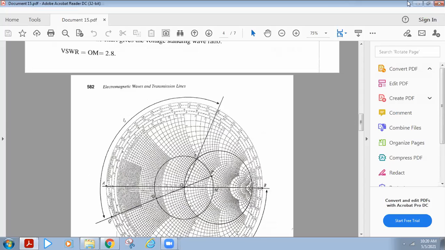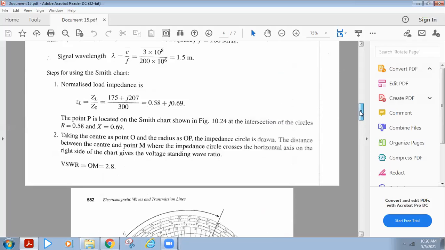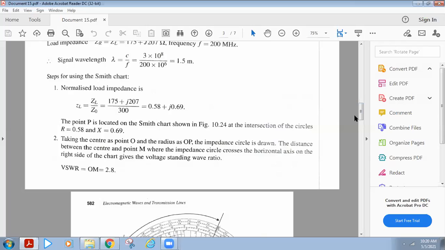This is the intersection point of resistance 0.58 and reactance 0.69, which is marked as P. The origin is identified as O, and this is the radius. Taking the center as point O and the radius as OP, the impedance circle is drawn.